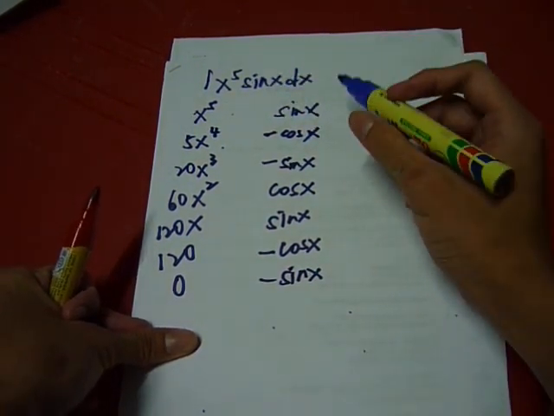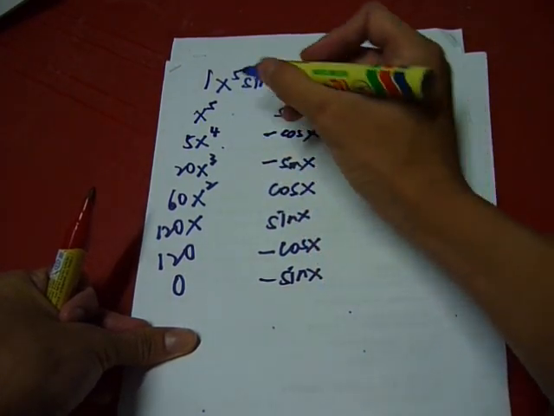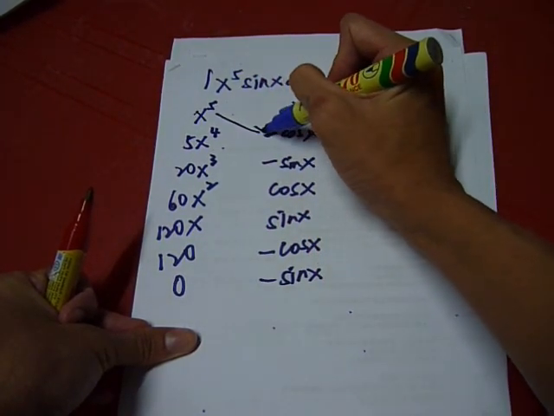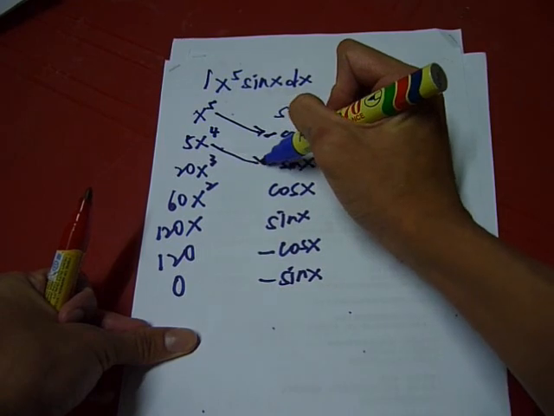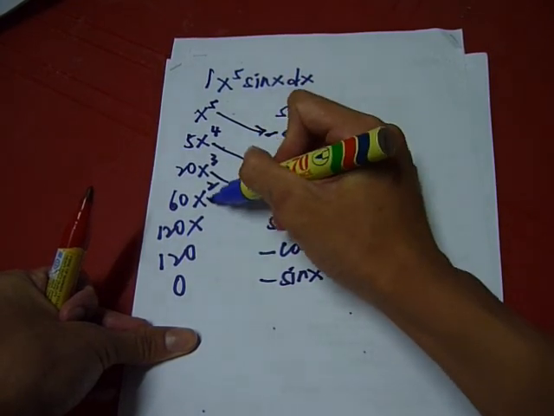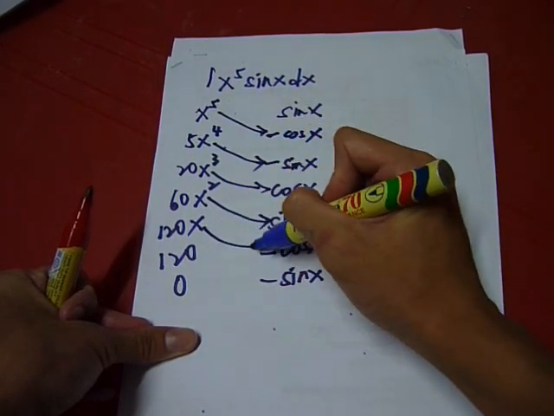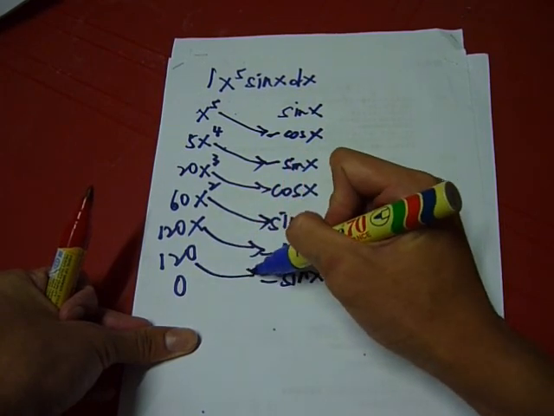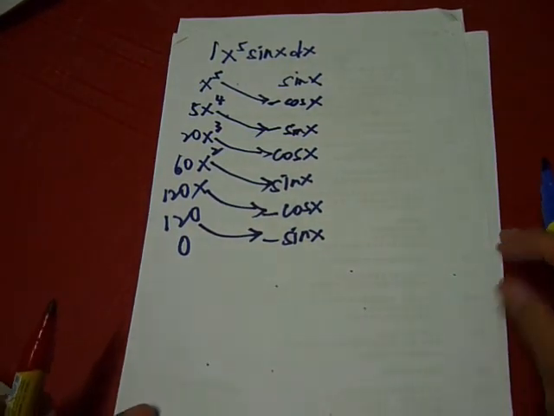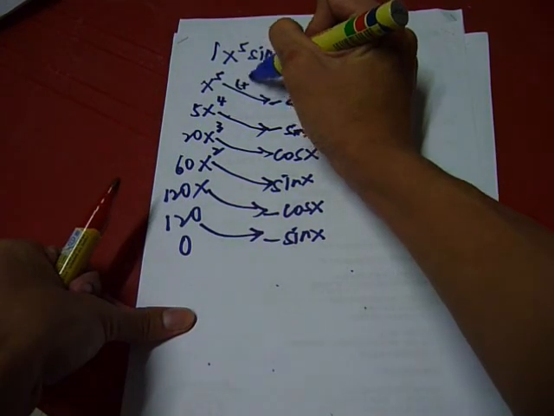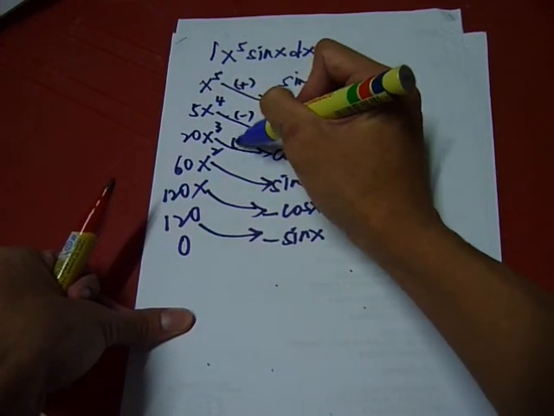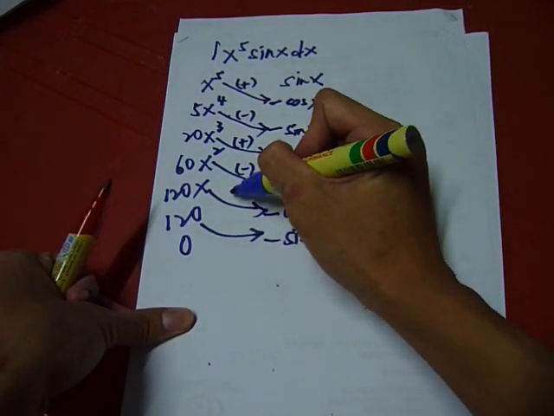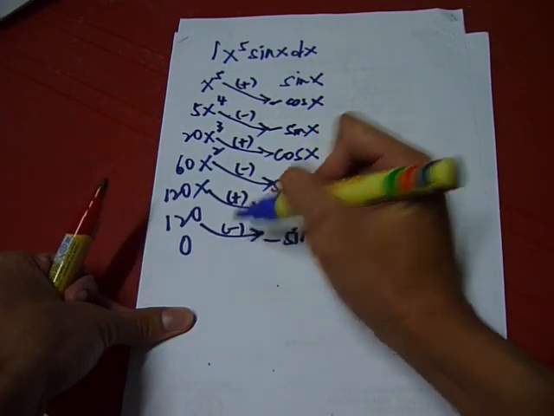And then the answer of this question is this times this, this times this, this times this, this times this, this times this, and this times this. And the signs are positive and negative and positive and negative and positive and negative.